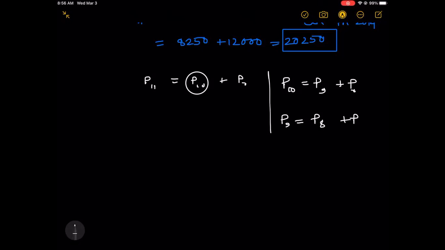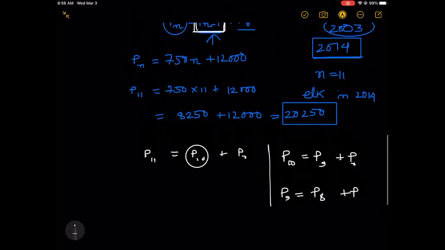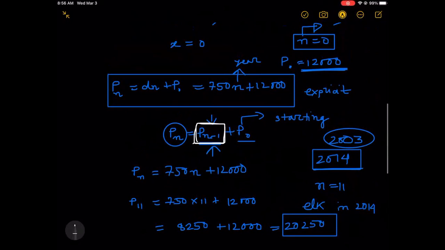It's quite easy to calculate using, sorry, any question? Okay, so we want to use the explicit form rather clearly because if we can find the slope, it will be much easier for us to find the population even for a really, really large number.